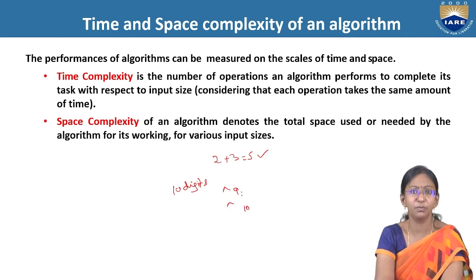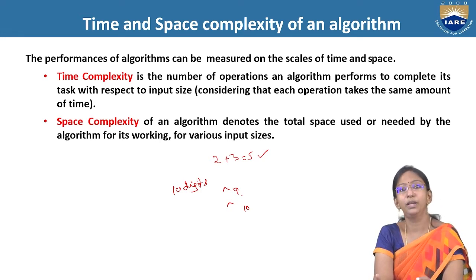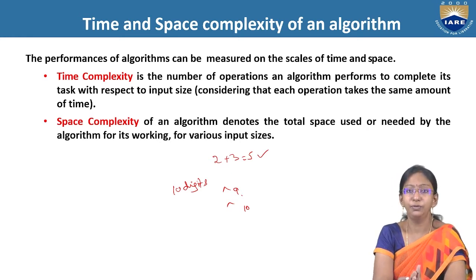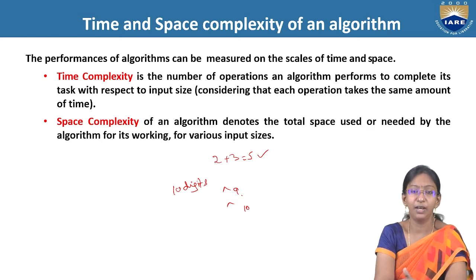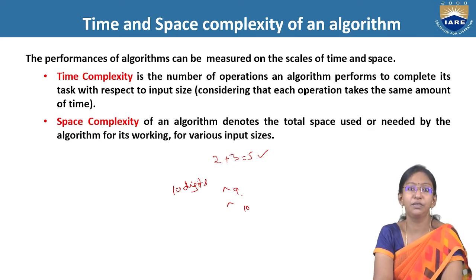So take huge numbers and try to calculate. Only then is the algorithm going to show you its true colors, right? So whenever we calculate the time complexity, go for the best, average, and the worst case also, right? A cumulative of that will give you the time complexity of an algorithm.